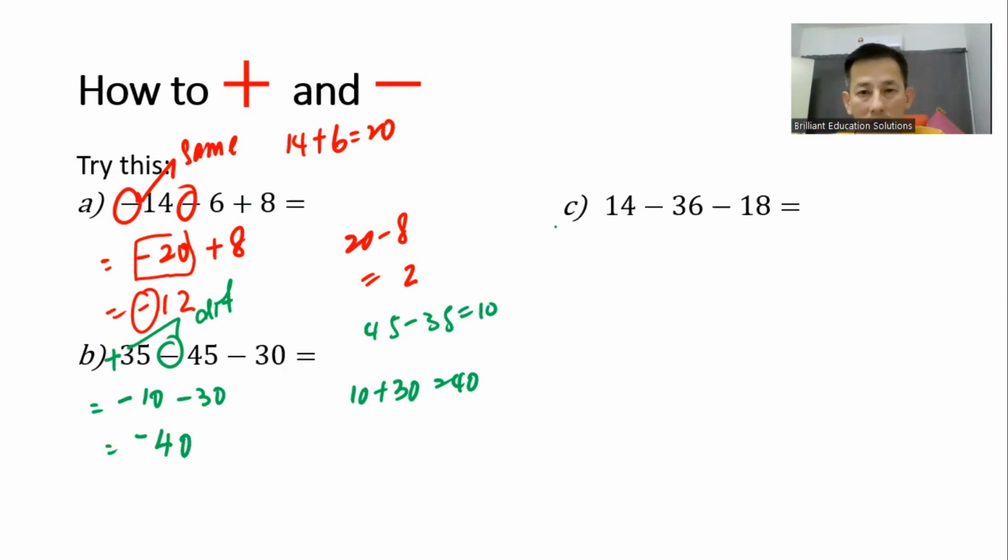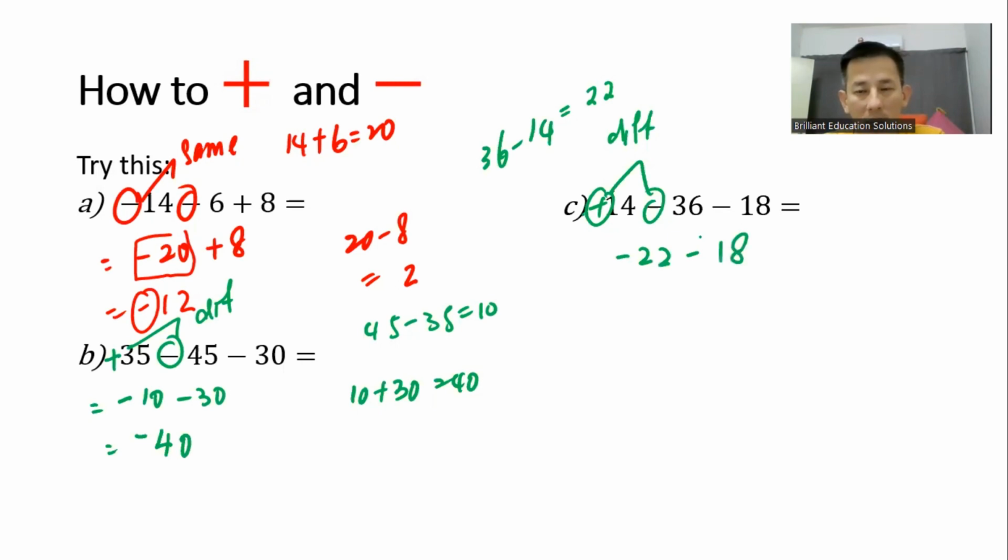Next is plus, plus, minus, so it's different sign. 36 minus 14 is equal to 22. So it's negative 22 minus 18. Same sign, so you plus: 22 plus 18 will equal 40.